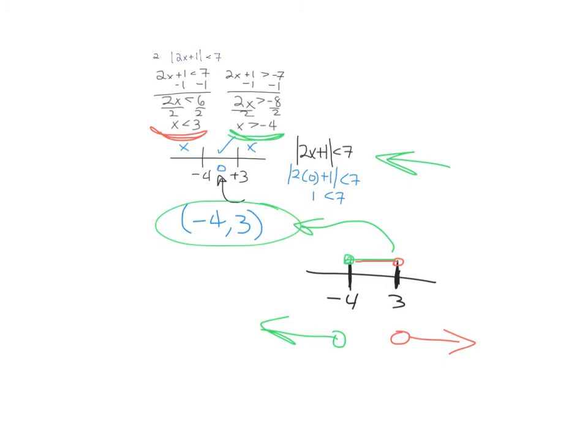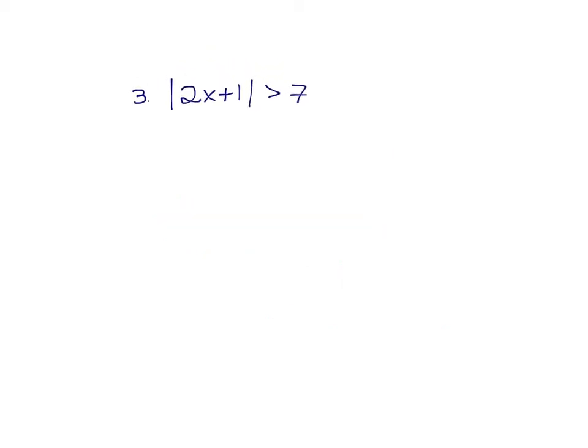Let's try number 3. I'm going to reverse the symbol. So now, instead of less than, I have my inequality greater than 7. But again, my process is the same. I'm going to write my first problem, 2x plus 1 greater than 7, then 2x plus 1 less than negative 7.